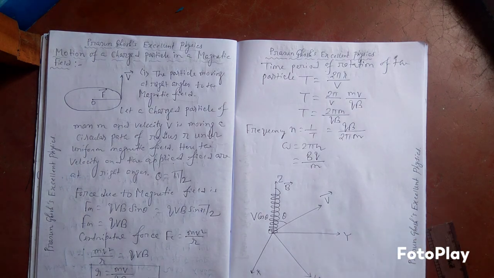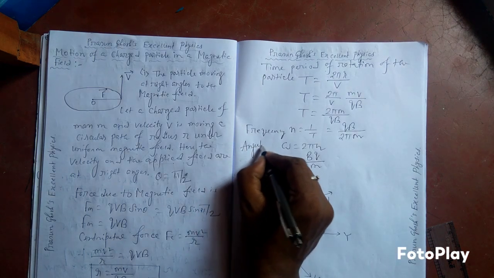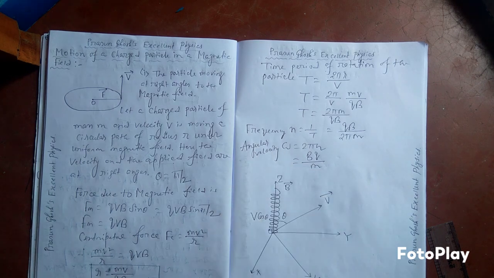So this is the relation of time period, frequency and angular velocity. Here T is time period, n is frequency, omega is angular velocity.